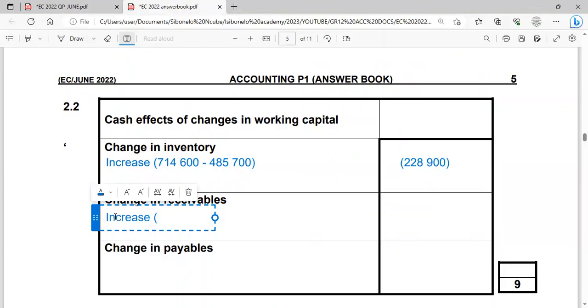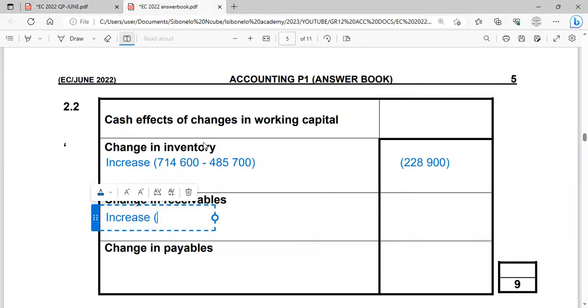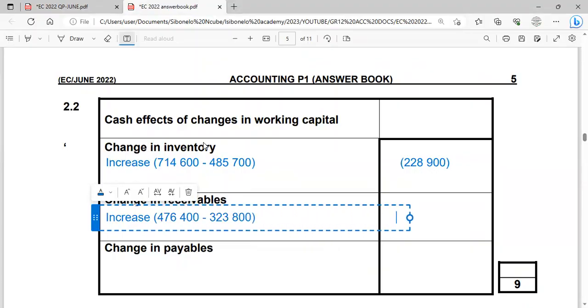Then the difference: 476,400 minus 323,800. So guys, we're going to record this as an outflow because our debtors never paid us.